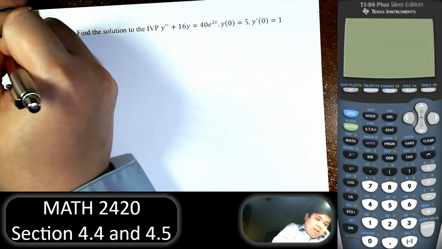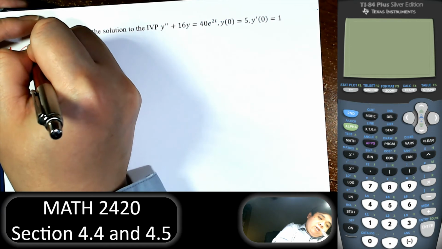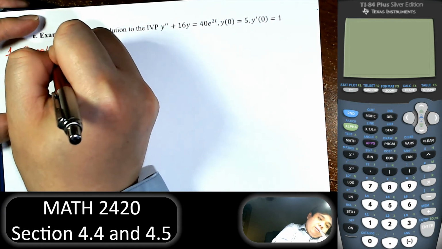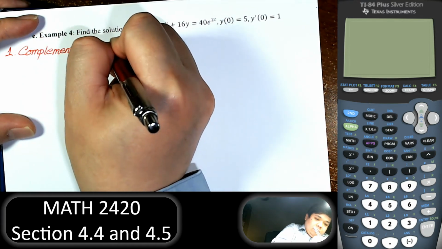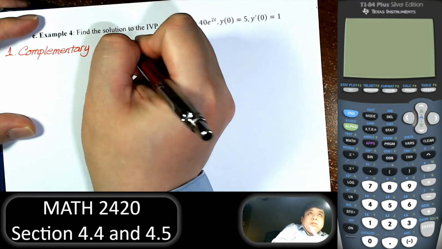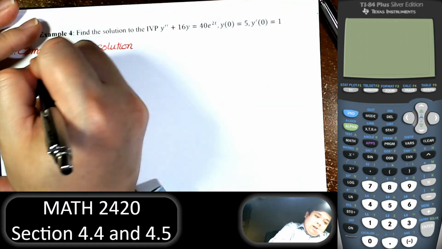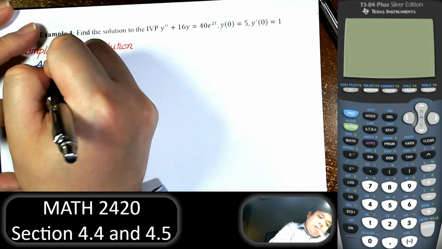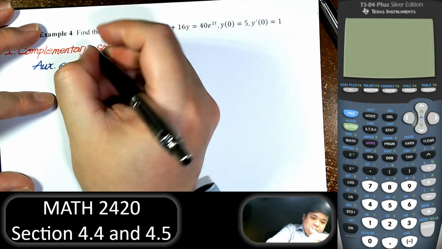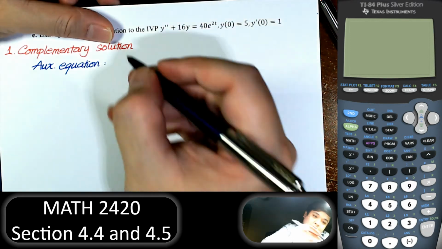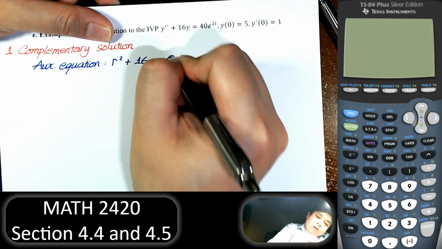First, complementary solution. Auxiliary equation. R squared plus 16 equal to 0.